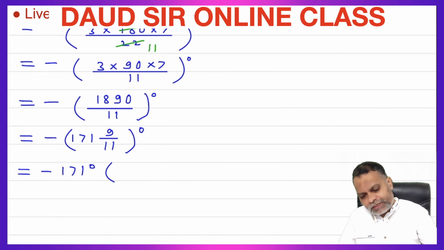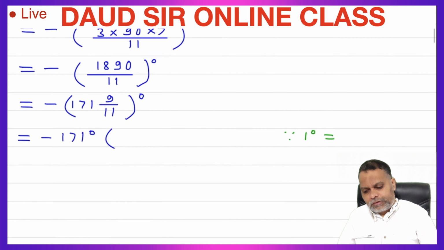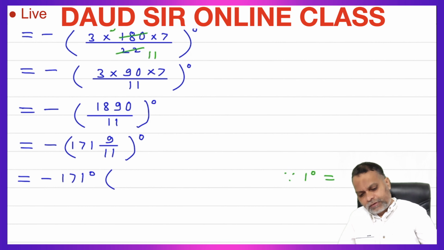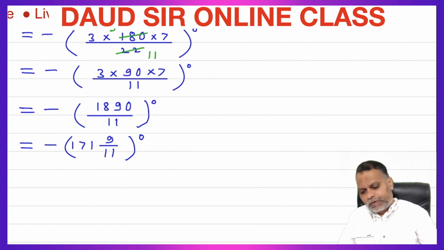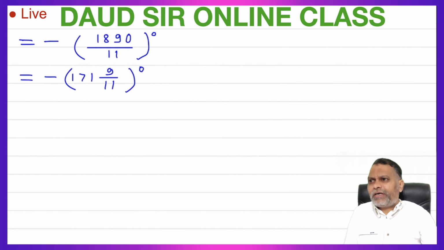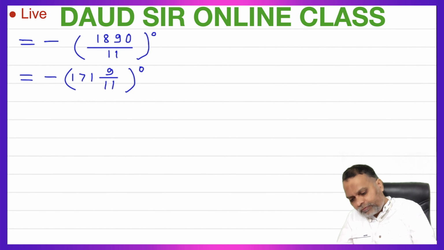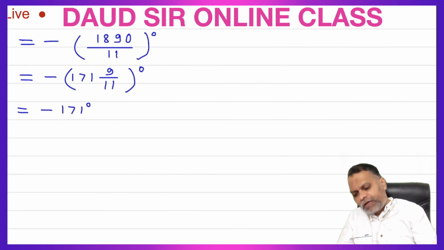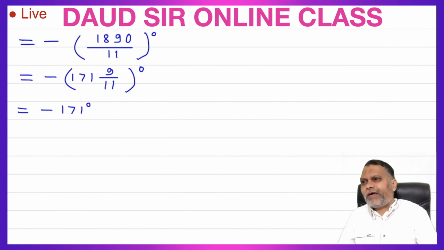So we have the conversion, since 1 degree is equal to... so here we have got this much degree, 171 and 9 upon 11 degree.